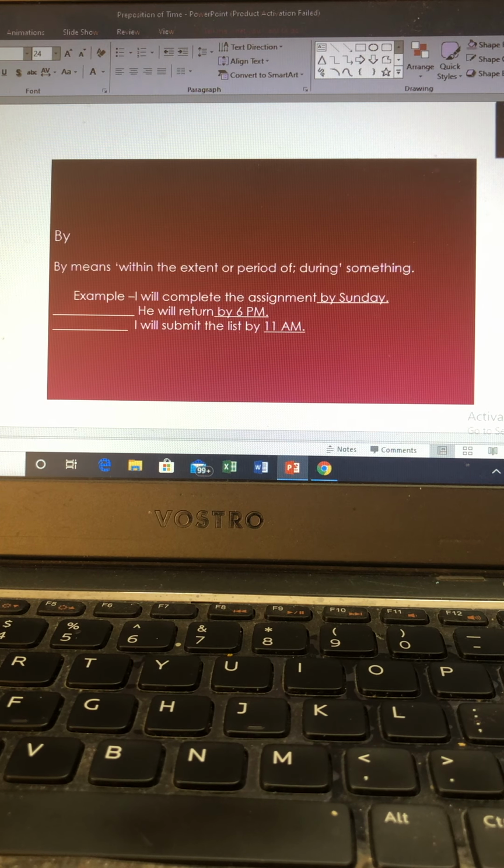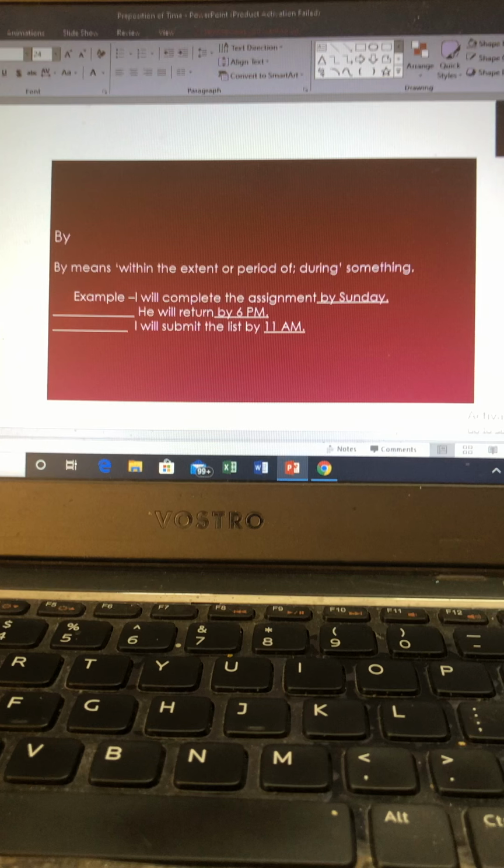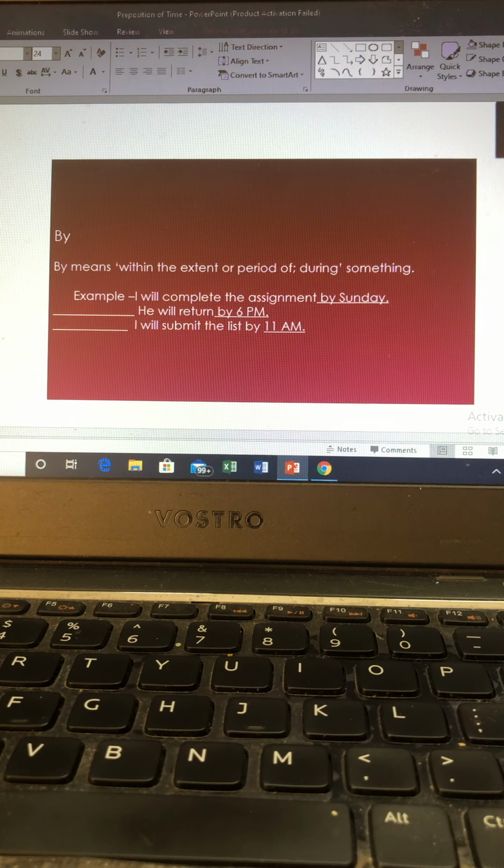That means I am talking about a period of time or a duration. By that time, by Sunday, I will definitely finish it off. So within the given period, and the given period is from right now till Sunday. By Sunday, I am going to finish it off.